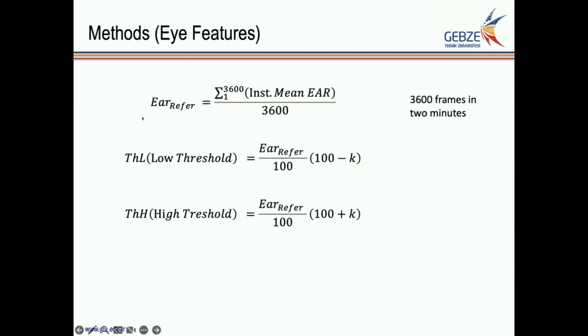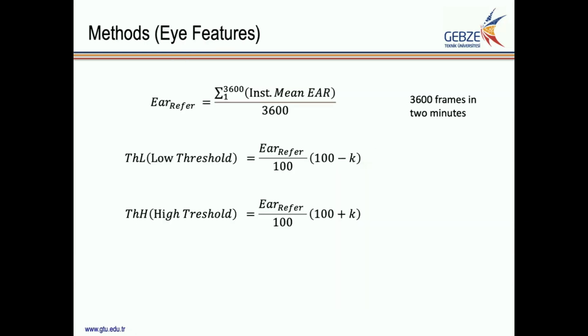So the eye aspect ratio for the first 2 minutes, and then from this one we also define some parameters, K, to detect two threshold values. Again, the first threshold value is this one, and then that one is the high threshold value. Again, that one depends on the first 2 minutes statistics of the person.